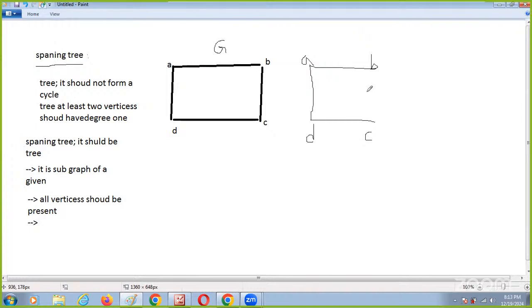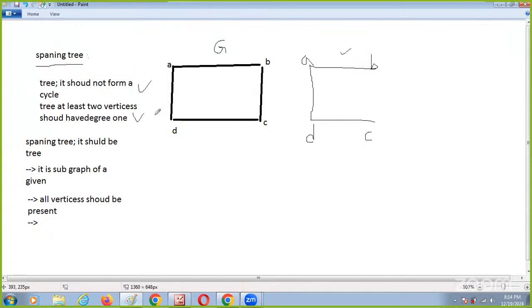It is absolutely a tree because two vertices have degree 1 and it is not forming a cycle. That is satisfied. And at least two vertices have degree 1, satisfied. And it is a subgraph of the given graph. All vertices are present, but edges are not mandatory.